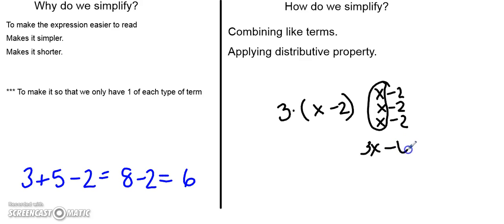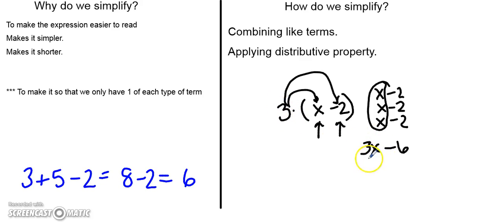Should be negative 6. So you might have seen people indicate the distributive property as to distribute to both of the terms inside of the parentheses. But I can simplify that to 3x minus 6, where here I had one variable, one constant, and then I had this coefficient that was hanging out front that hadn't been applied to everything.